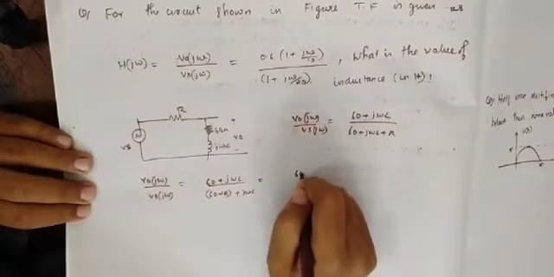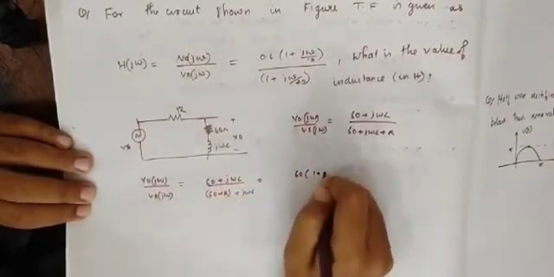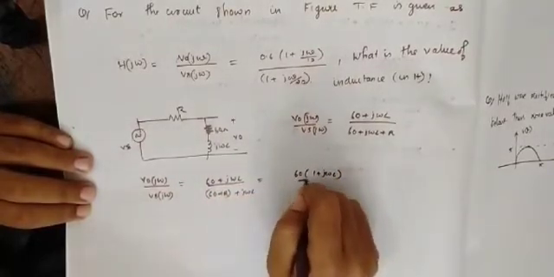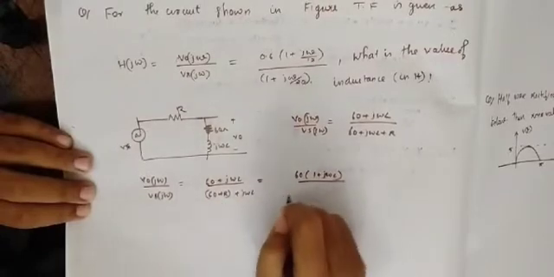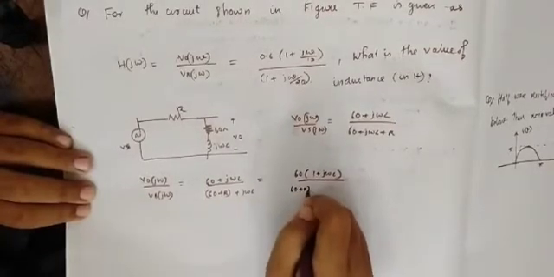I'll take 60 outside, then it will become 1 plus j omega L divided by 60, right? Here also I have to take 60 plus R outside.